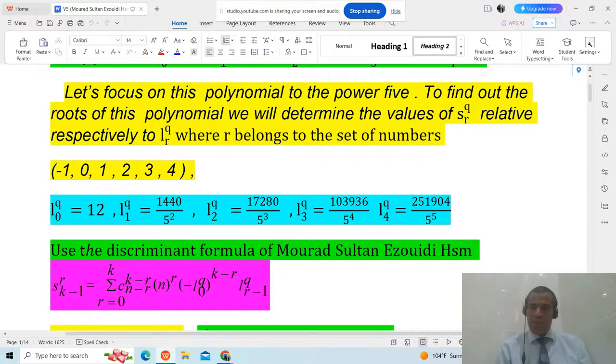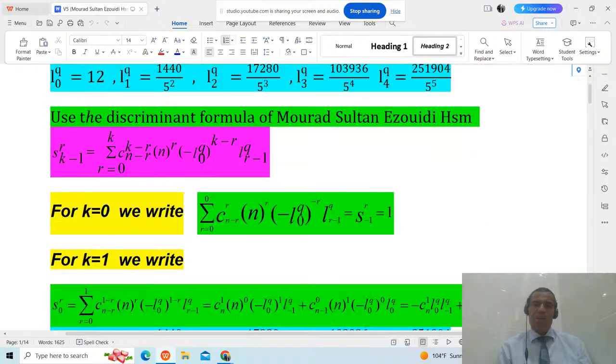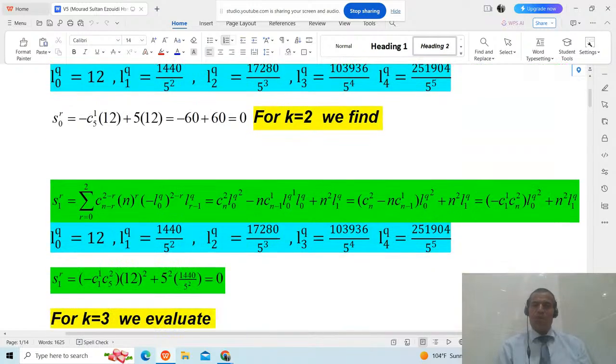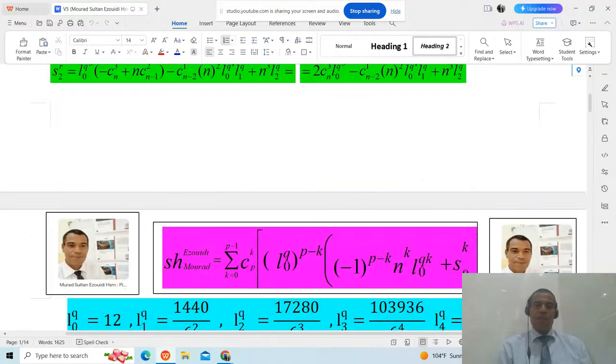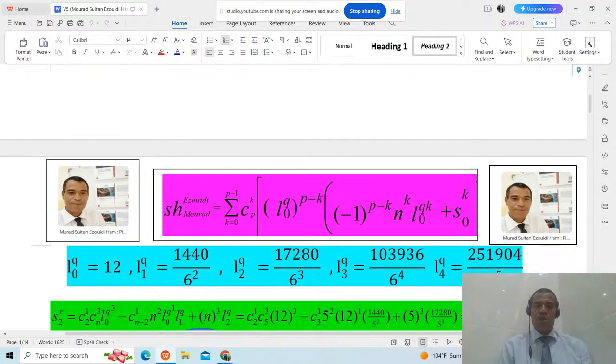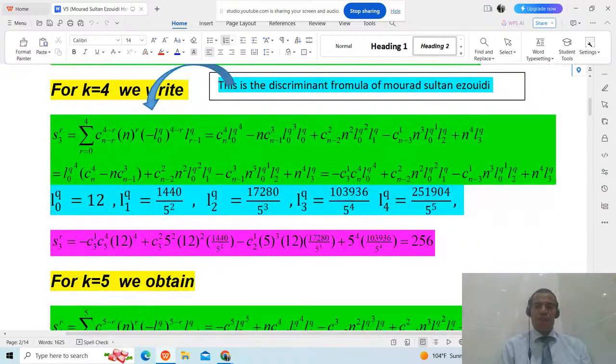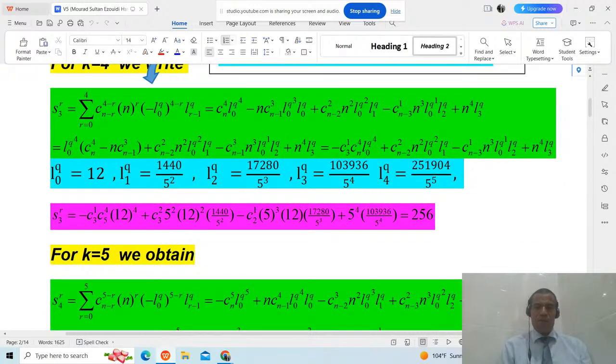Therefore we are going now to continue solving. Yesterday we showed you the method: how can you solve a polynomial to the power 4 by finding the value of all SR of ODQ relative to LR of ODQ.